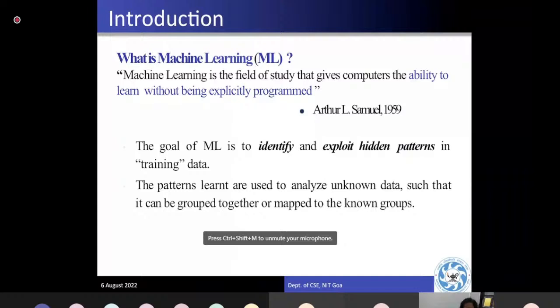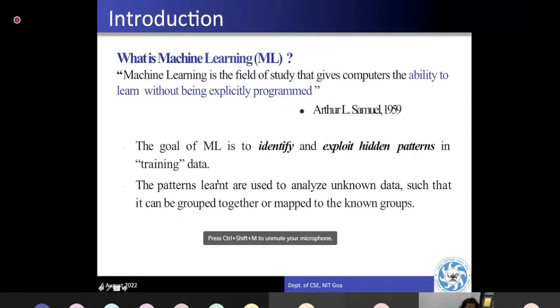So the goal of machine learning is to identify and exploit hidden patterns. That is the important feature of machine learning. That's the reason, I believe, for the huge impact of machine learning in today's computation: it identifies hidden patterns and exploits them, which means it explores more patterns from the training data.